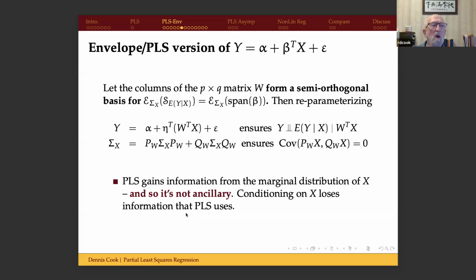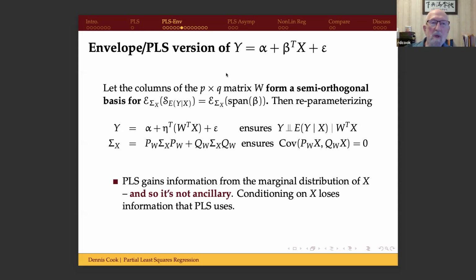So what are we going to do now? Well, now we're going to look at the envelope/PLS version of the linear model. Let's do things that are a little bit more concrete, and let's think about the linear model. So now we let the columns of the p by q matrix W form a semi-orthogonal basis for the sigma X envelope of the central mean subspace.